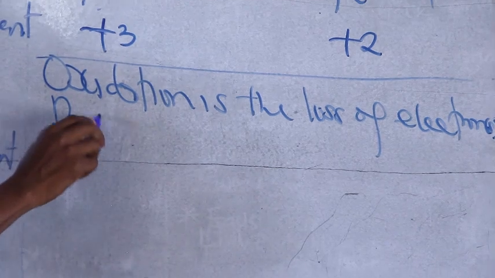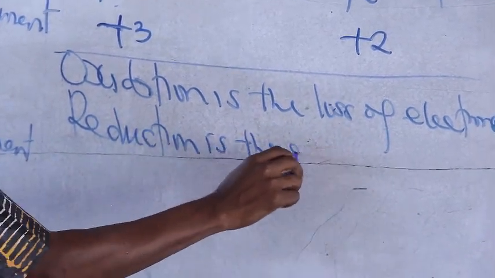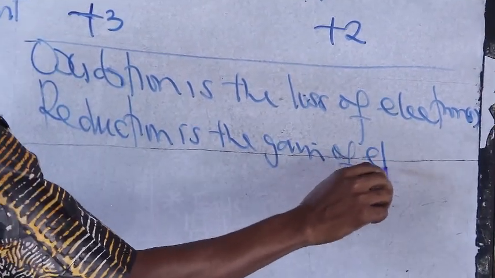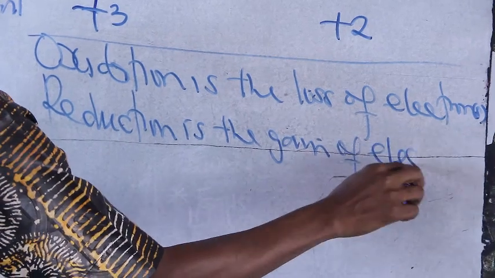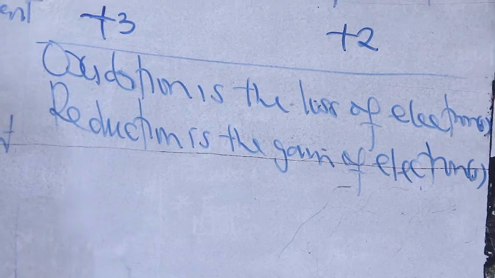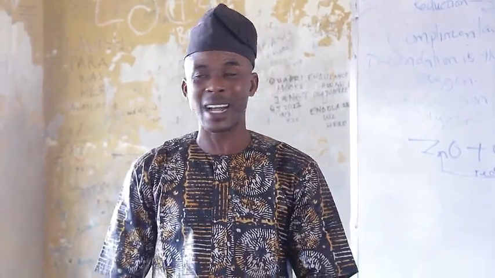Then reduction is the gain of electron or electrons. So we refer to the reactions as complementary reactions.